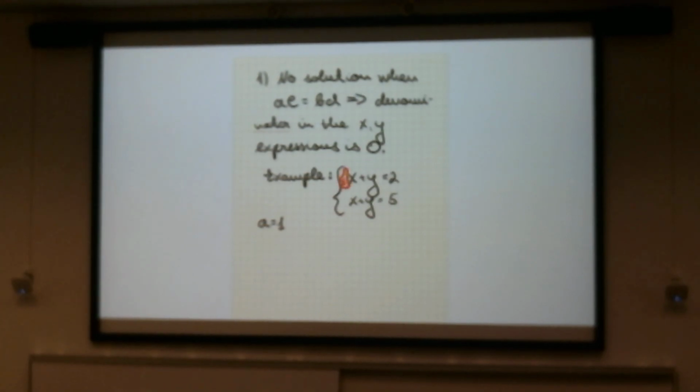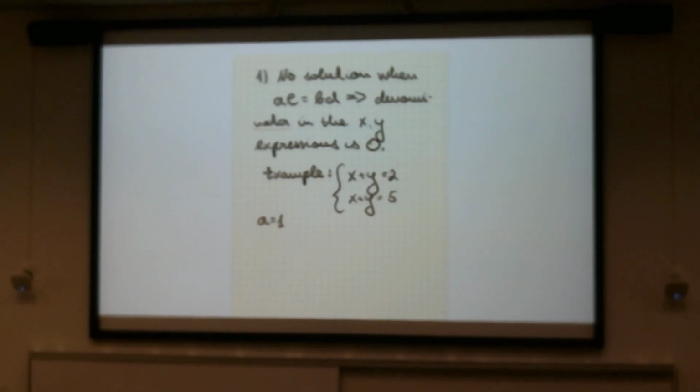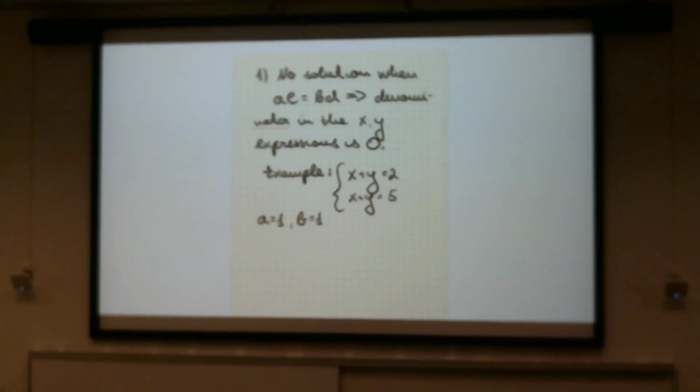Because we have 1 right here. What is b? Well, b is right here, in front of y. So b is also equal to 1. Then I need e.